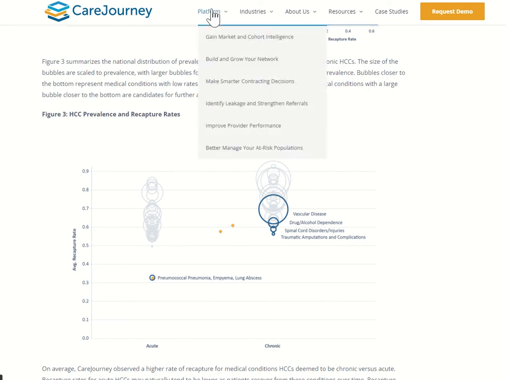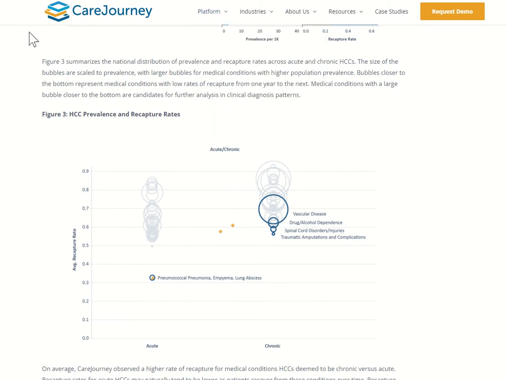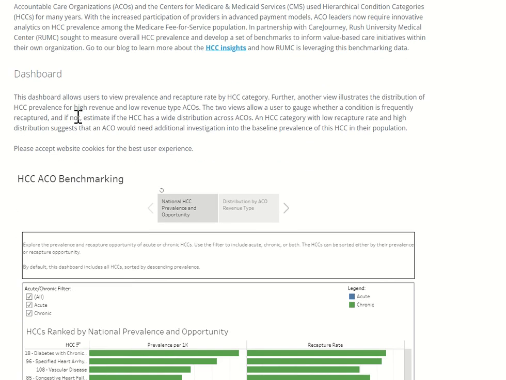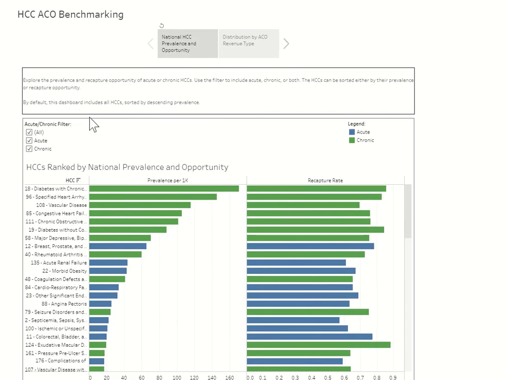In addition to this initial analysis through the blog post, we developed a jumpstart tool that allows users to interact with the data. We have this interactive Tableau dataset that breaks the data down in a couple of different ways.